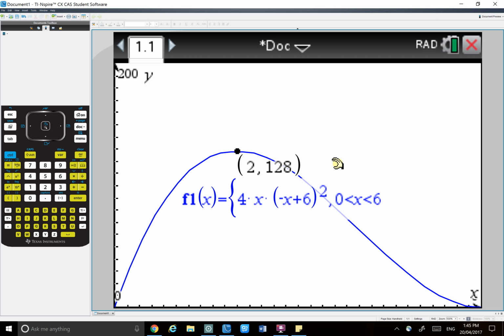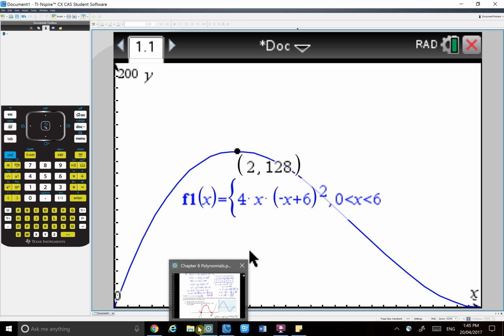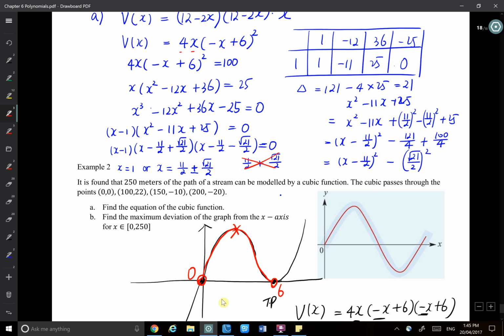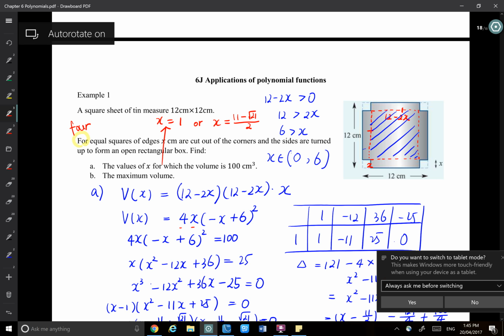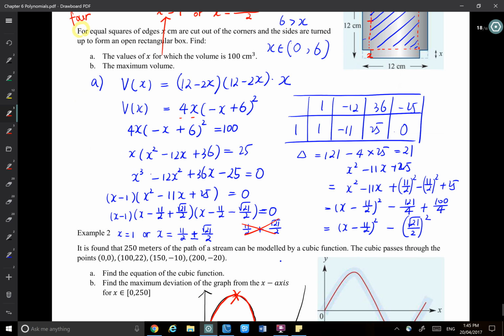If you default that, that will be set already. So, 2 and 128. Come back to this page. What is the maximum volume?